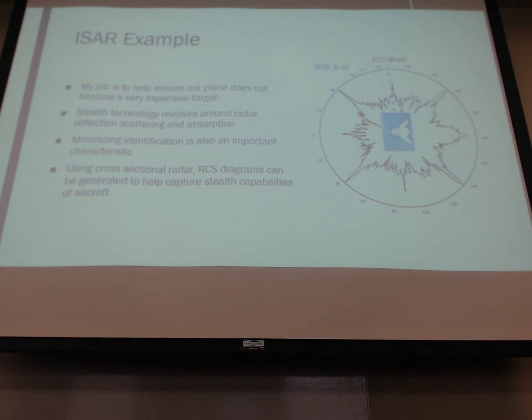So this comes to what I do: we try to do predictions for our RCS signature. You see these spikes. If you've ever seen an F-117, that old, really weird plane with a lot of faceted faces, it was designed that way so it scatters energy away.